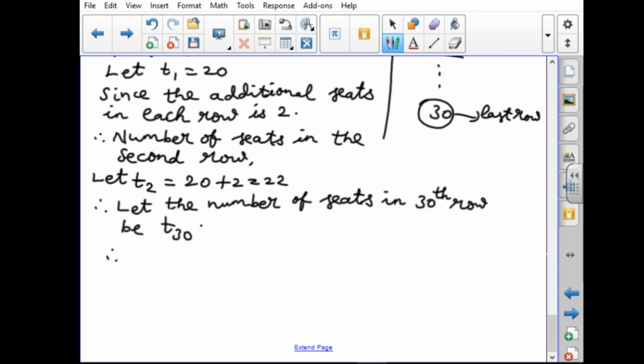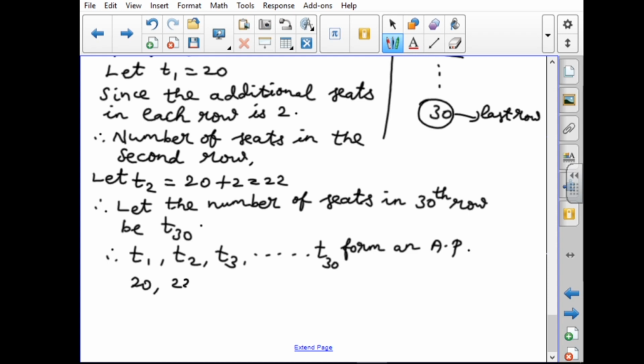Therefore, the first term T1, the second term T2, the third row T3 up to T30 form an AP. So we got the first row is 20, second row is 22, third row is 24.